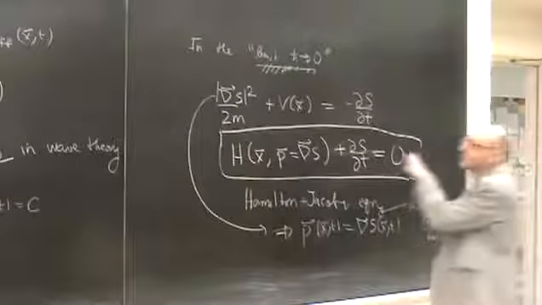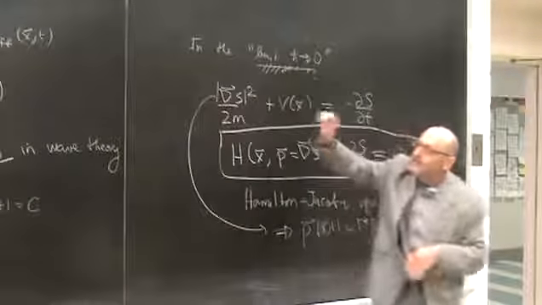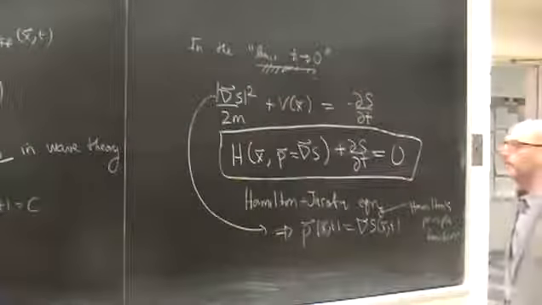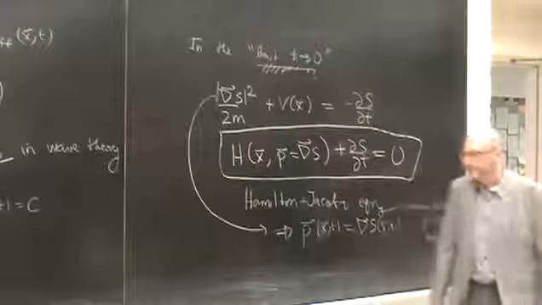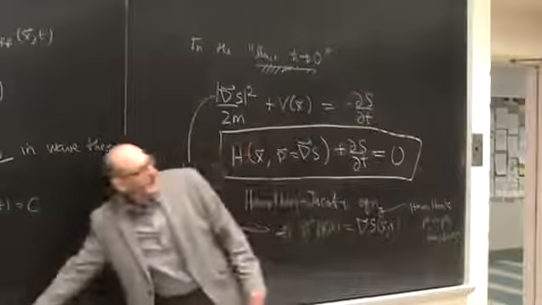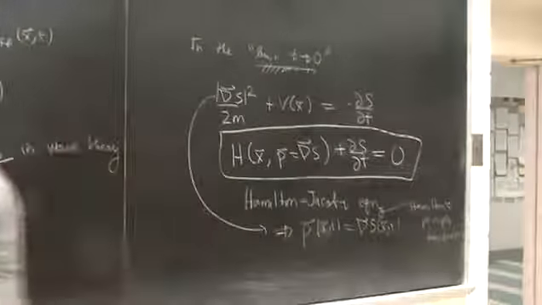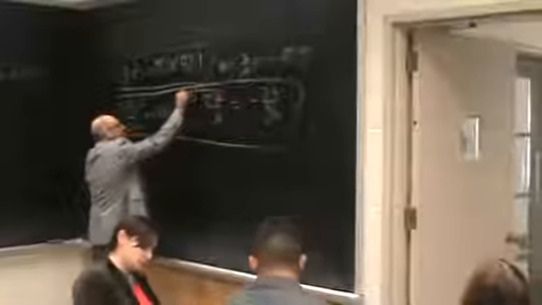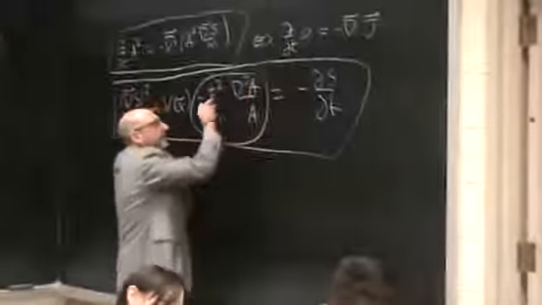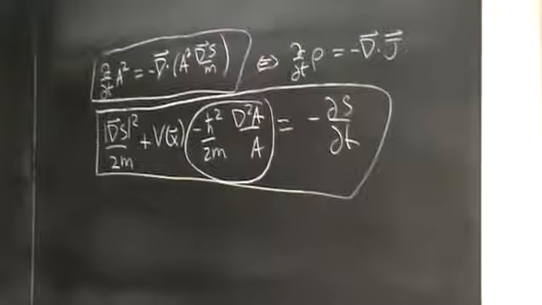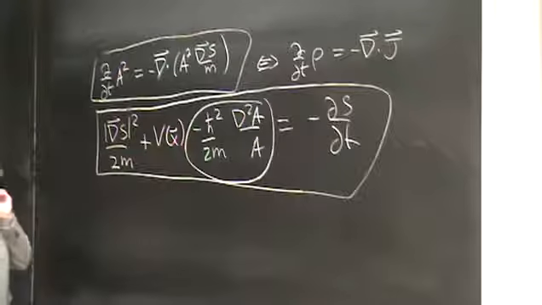Now, what is that limit here? What we really did is that we ignored a term here. So let's go back to that. There's this term here, the term that has h bar in it. And that's the term that we neglected. Okay?